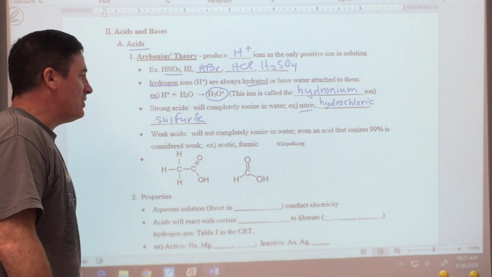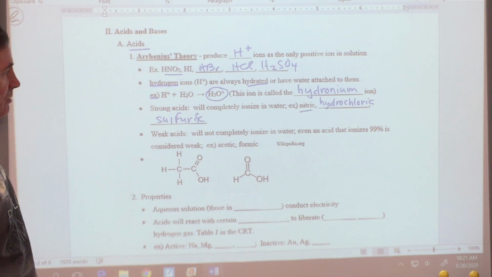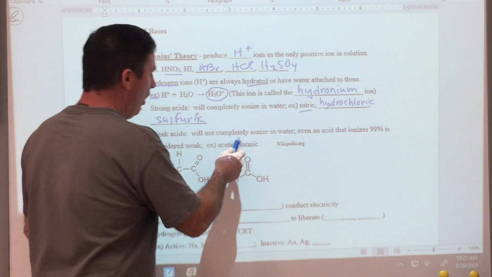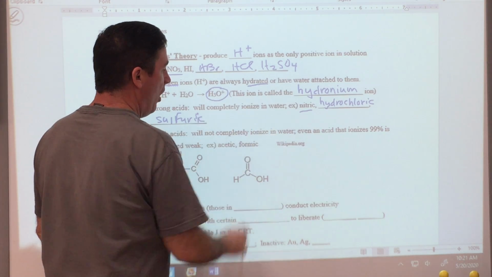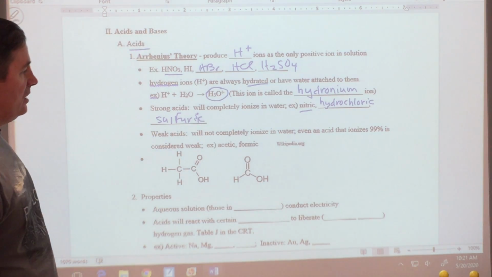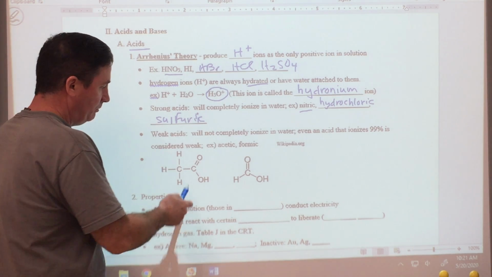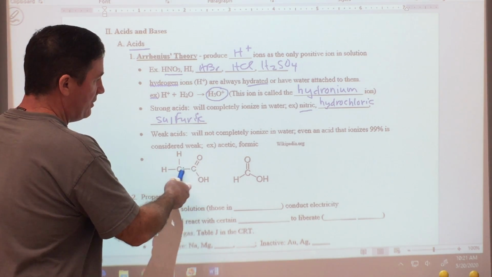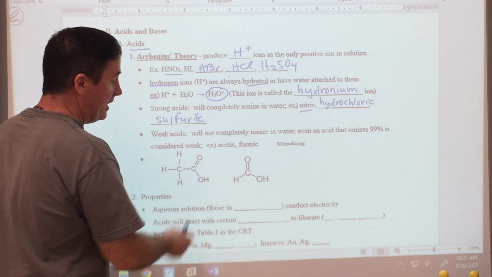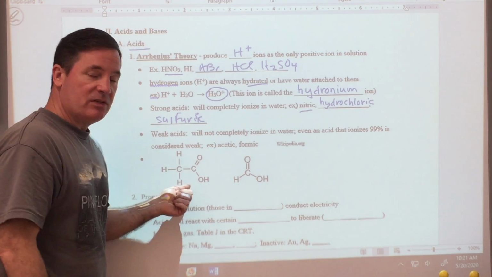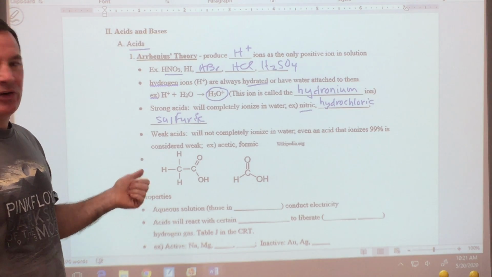If it's a weak acid, it will not completely ionize. In other words, not all of the hydrogens will come off of the weak acid, like in this one here. This is ethanoic acid, also known as acetic acid. This is the main ingredient in vinegar.